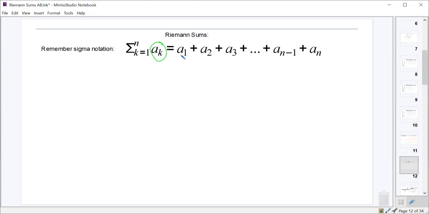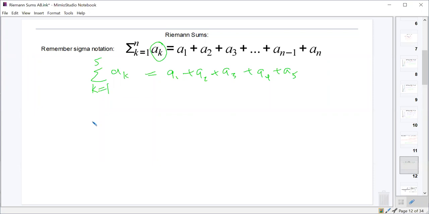So this summation just means the first A plus the second A plus the third A plus all the way up to the nth A, and the one before it would be the n minus 1. So if I said, what's the sum from k equals 1 to 5 of A sub k, we'd say that's A sub 1 plus A sub 2 plus A sub 3 plus A sub 4 plus A sub 5.